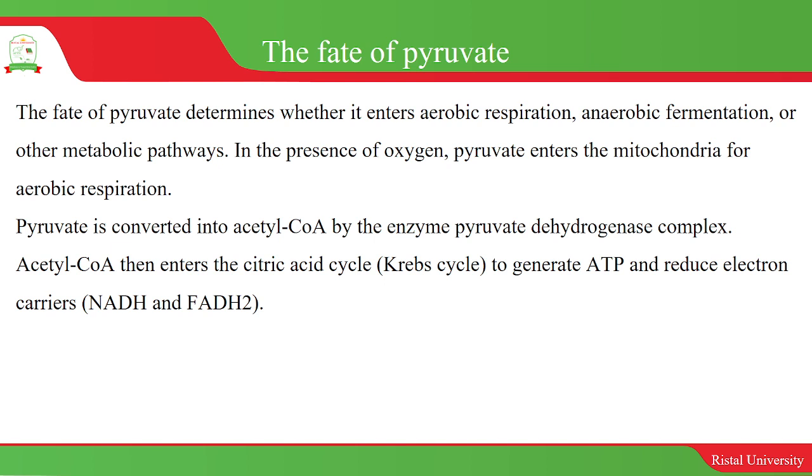And then the acetyl-CoA can enter the Krebs cycle to generate more energy and reduce NADH and FADH2 molecules. In the absence of oxygen, pyruvate is converted into lactic acid, which can be taken to the liver.